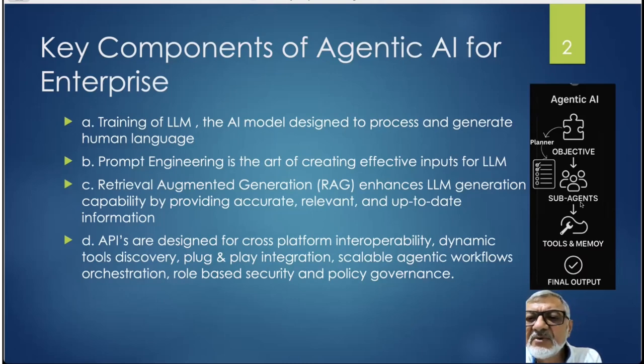APIs are required to basically provide role-based security for policy governance as well as to manage scalable agentic workflows. Dynamic tools discovery and plug and play integration of tools is also possible using the APIs.